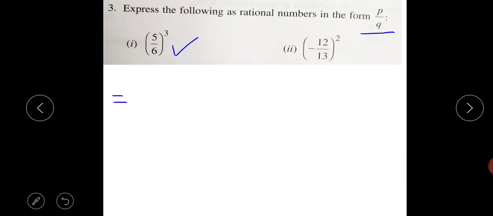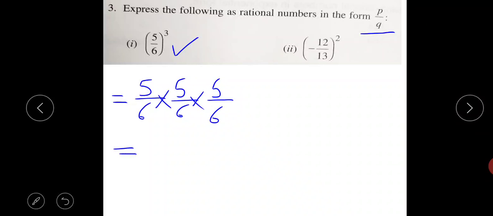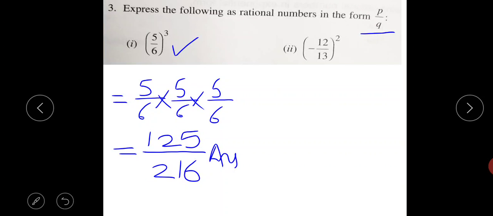So we write it as 5 upon 6 multiply by 5 upon 6 multiply by 5 upon 6. After multiplication we get 5 5s are 25, 25 5s are 125, and 6 6s are 36, 36 multiplied by 6 is 216 and it is your answer.